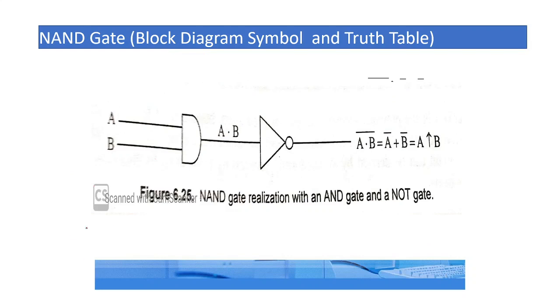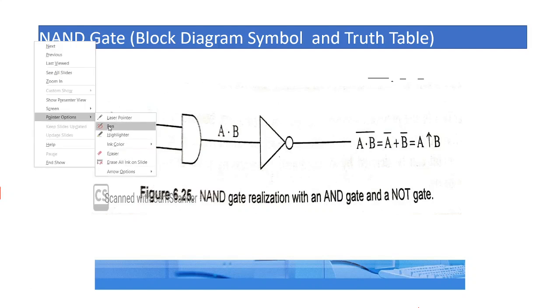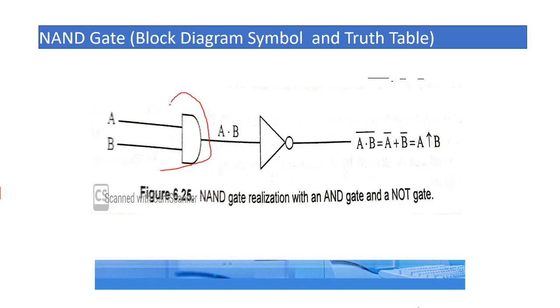You can easily verify with this truth table. Next, this one is the realization of NAND gate with the help of AND gate and NOT gate. Firstly we have an AND gate, and next we have a NOT gate.